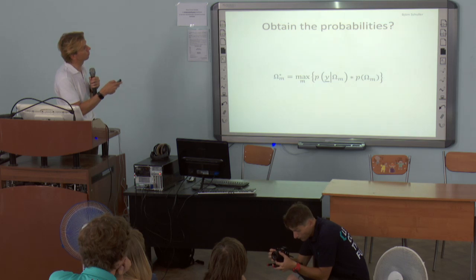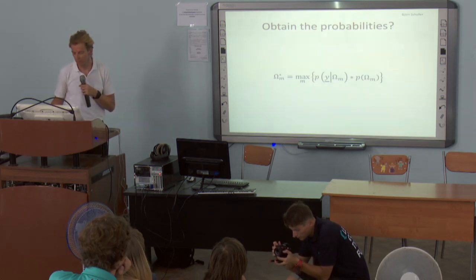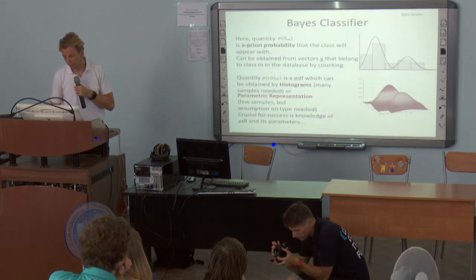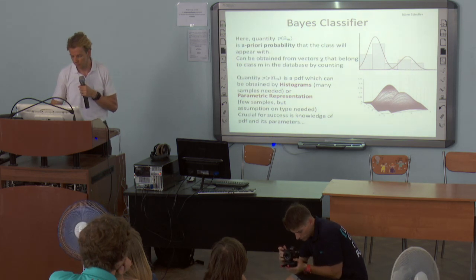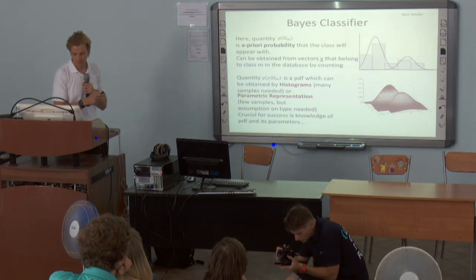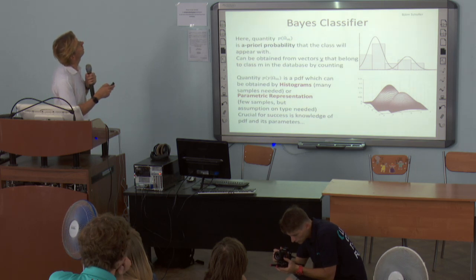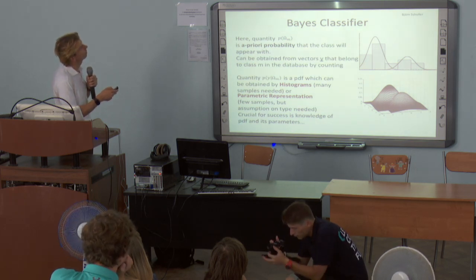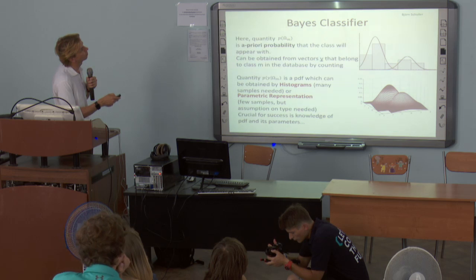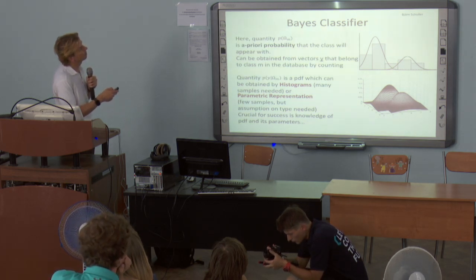It's more tricky, of course, for this one here. It's a conditional probability, and we need to count the feature observations, how many occurred for each class. And we're usually doing this in two kinds of ways. One is that we bin or quantize the continuum, for example, of the feature vectors, and count the frequency of occurrence for classes.